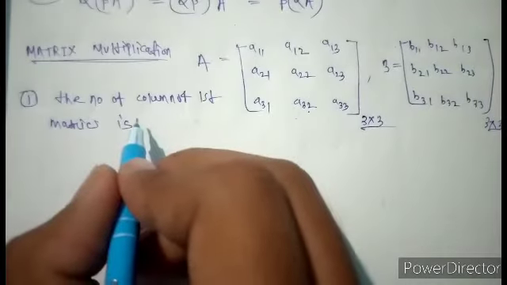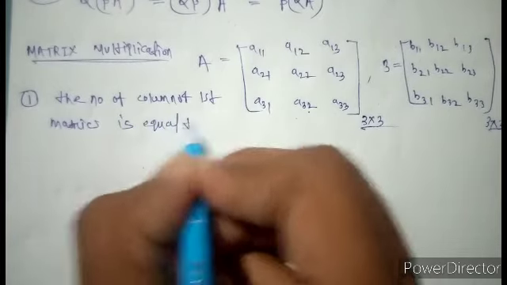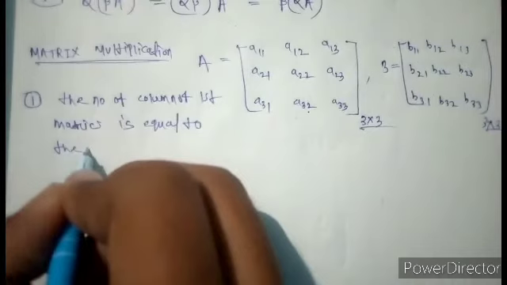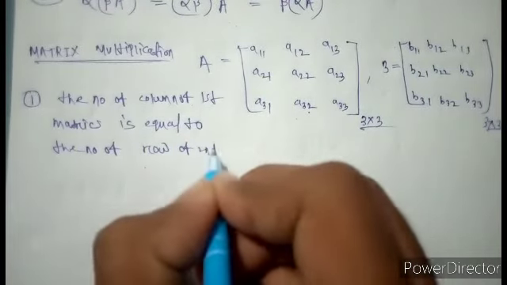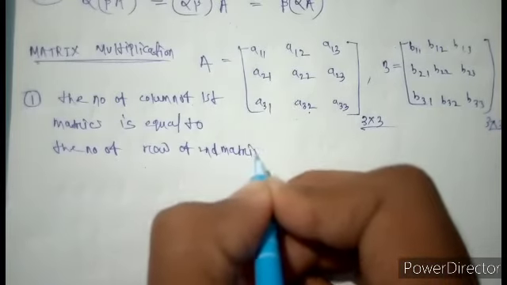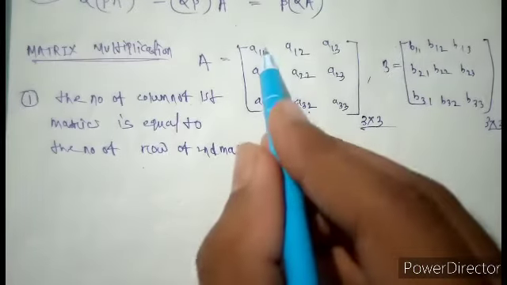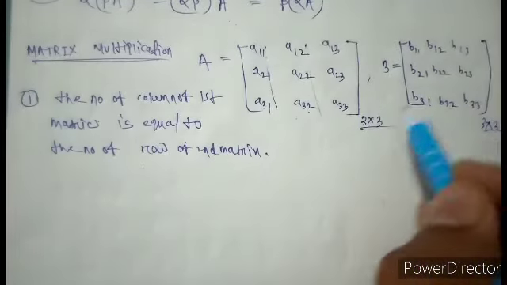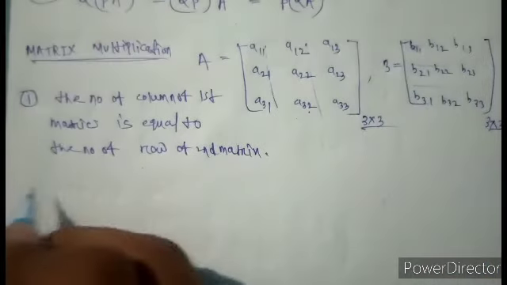The number of columns of the first matrix is equal to the number of rows of the second matrix, so that they can be multiplied. Here the number of columns is equal to the number of rows. So what is the answer?